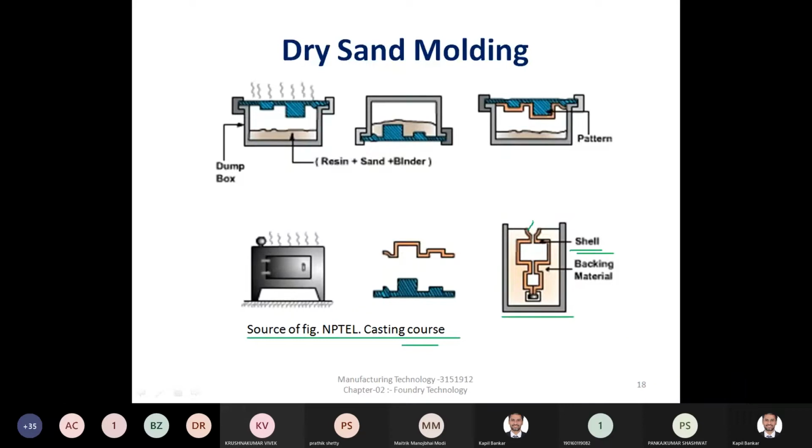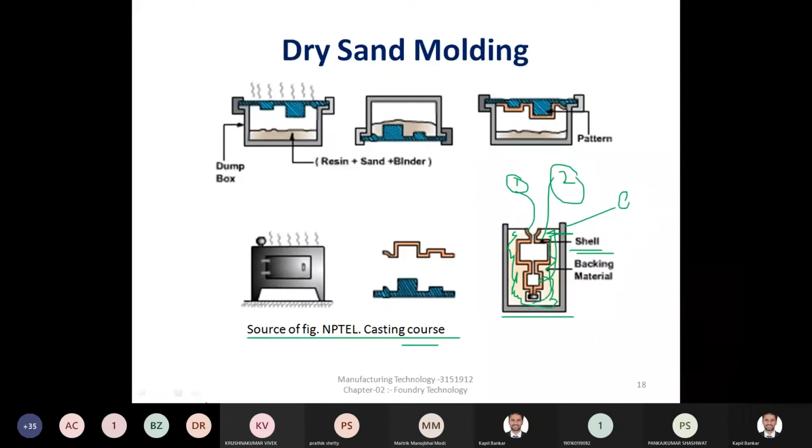This is shell number 1 and this is shell number 2. These two shells are created with the help of dry sand molding, and then both are assembled in one container. This is a container in which both shells are assembled, and it is filled up with sand.